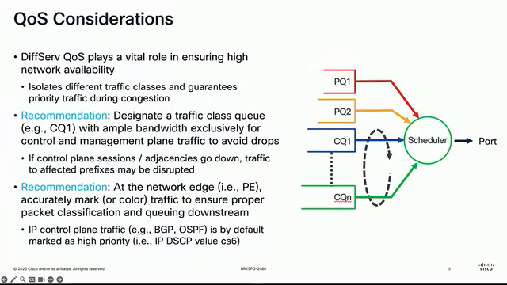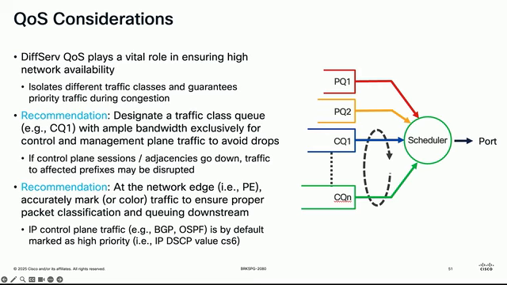Okay. QoS is also essential to high network availability because it helps to isolate different traffic classes and, most importantly, guarantee priority traffic. The recommendation is, when defining your traffic class queues, that you allocate one specifically for control plane traffic: BGP, OSPF, ISIS, PIM, et cetera.